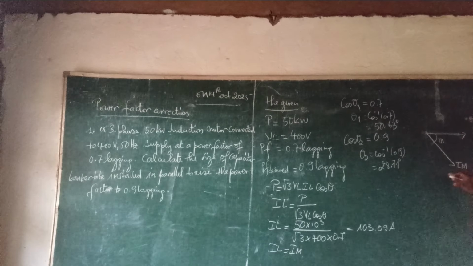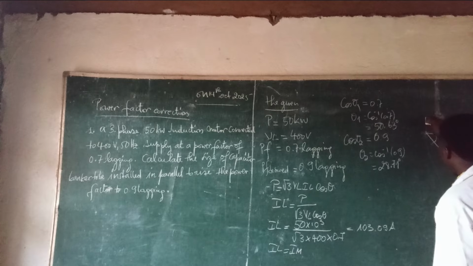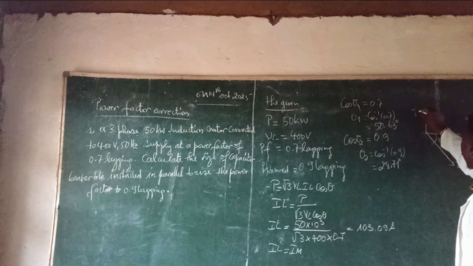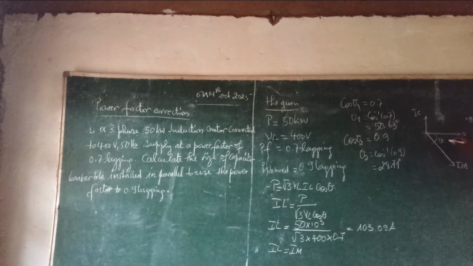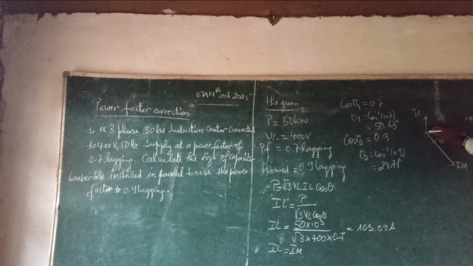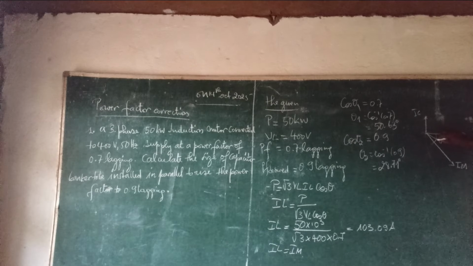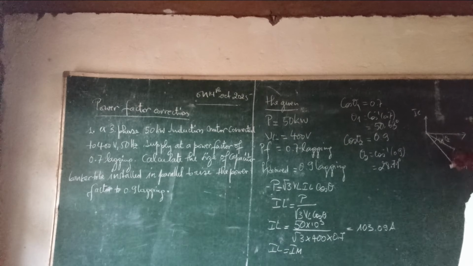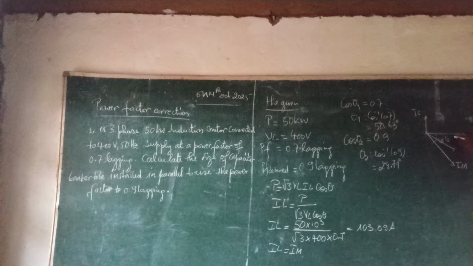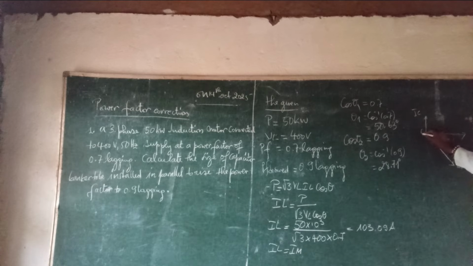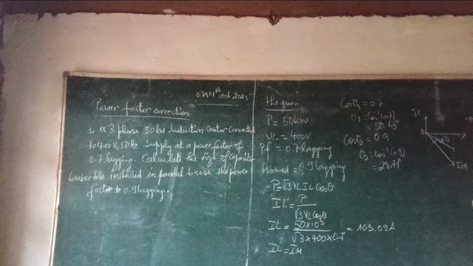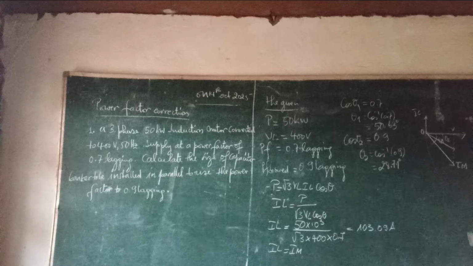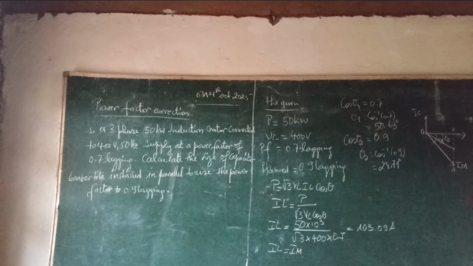We need to add a capacitor bank which will consume I_C to raise the power factor to one corresponding to an angle of theta 2. Let's consider this point as O, this point V, and this point A.